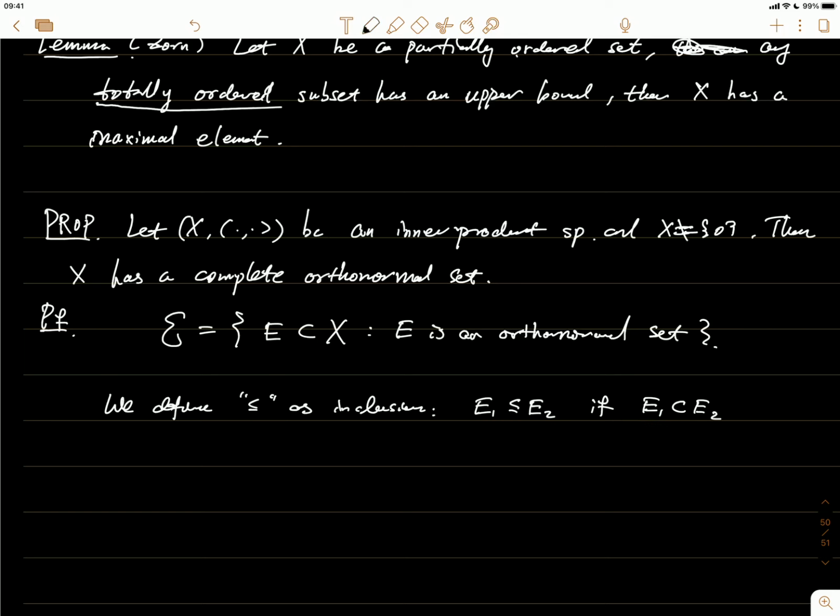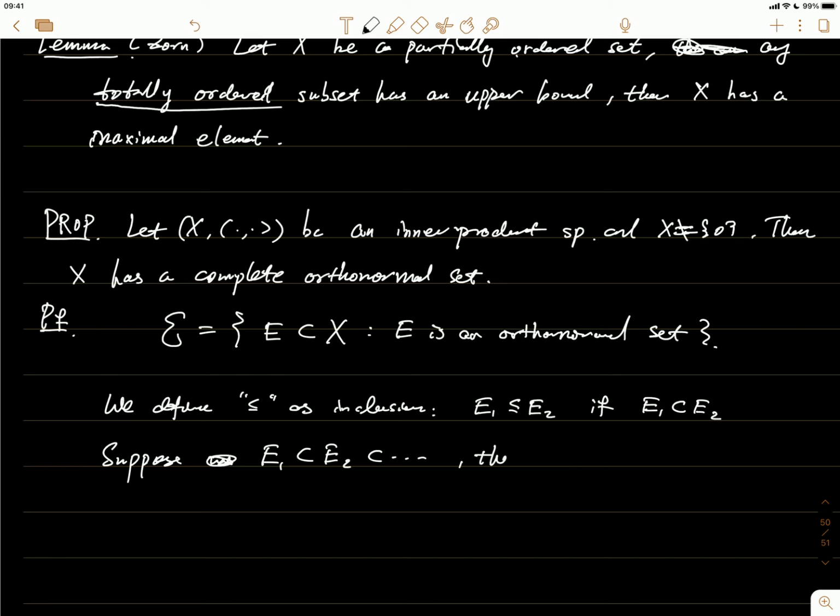And now suppose we have E1, E2, and so on. This is a totally ordered set. The collection of them is a totally ordered set.